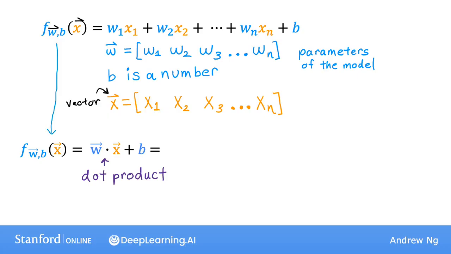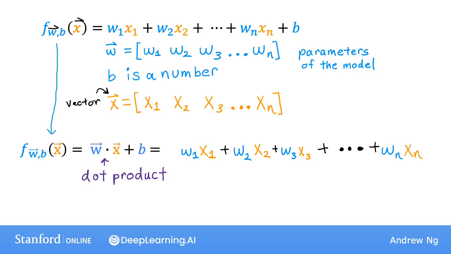So what is this dot product thing? Well, the dot product of two vectors, of two lists of numbers, W and X, is computed by taking the corresponding pairs of numbers, W1 and x1, multiplying that, W2, x2, multiplying that, W3, x3, multiplying that, all the way up to Wn, xn, multiplying that, and then summing up all of these products.